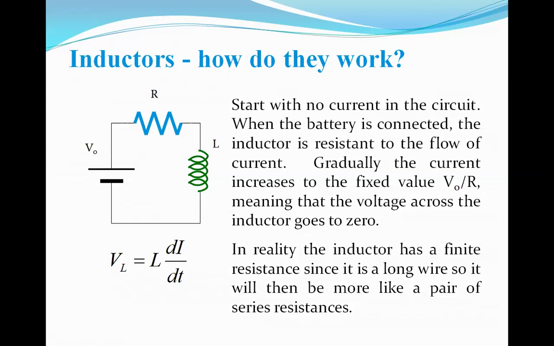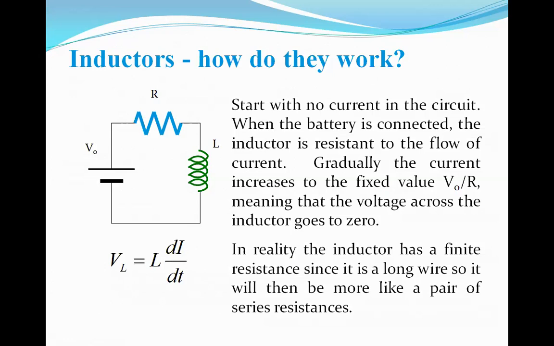So gradually, the current increases to the fixed value V0 by R, meaning that the voltage across the inductor goes to zero. In reality, the inductor has a finite resistance. It's a long wire, so it will be more like a pair of series resistances. As I told you, it is nothing but a single long wire which we have made into coil form. That is called an inductor.